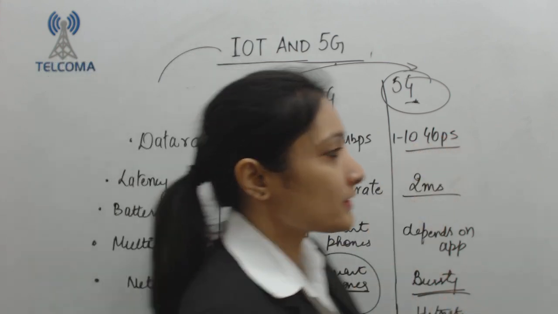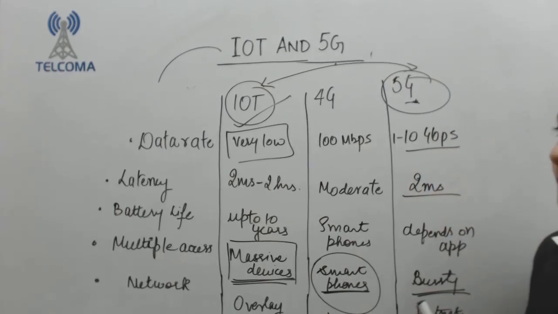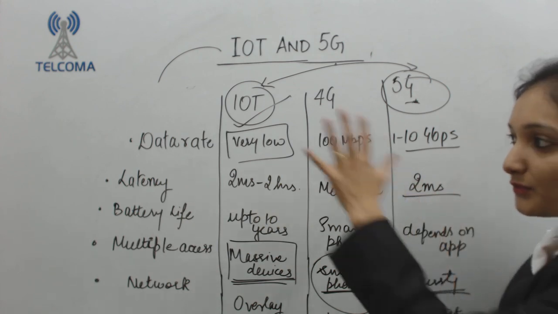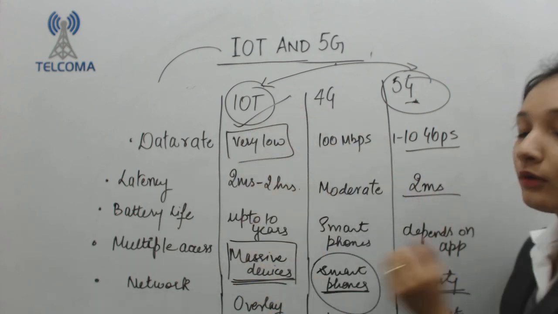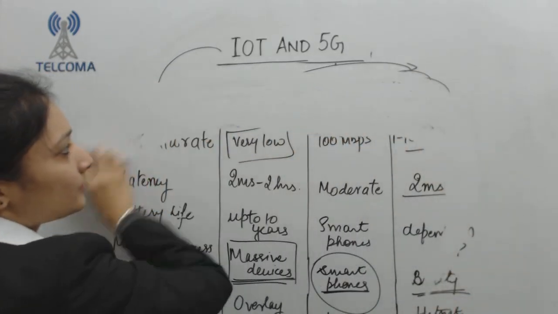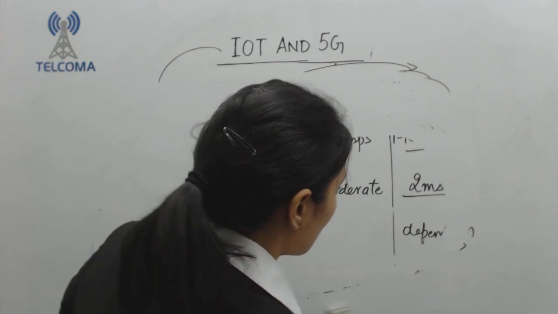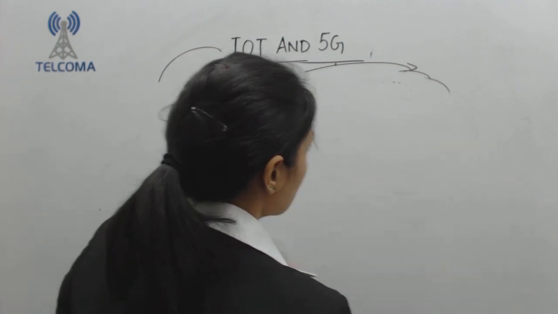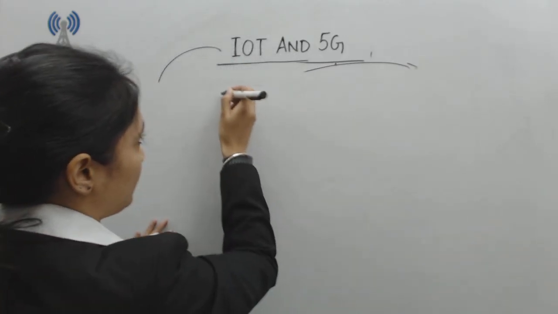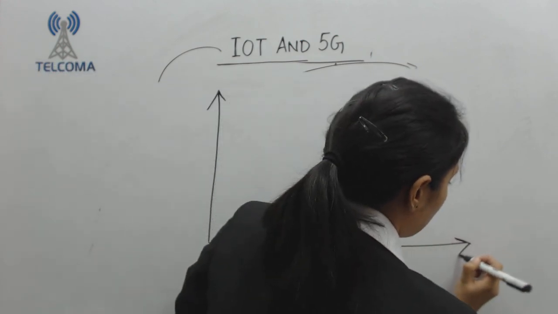We know that this technology is a high speed technology, but the demands are less, so it can meet the data demands for your Internet of Things. So with the fifth generation of your cellular system, we are heading towards a world of Internet of Things. That means the evolution of complete IoT.